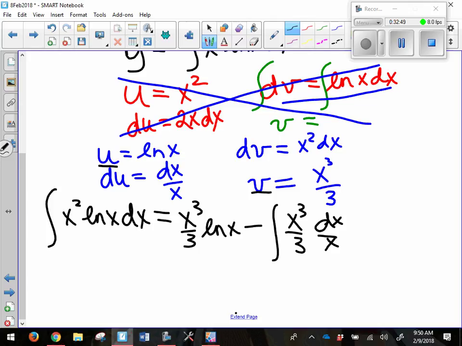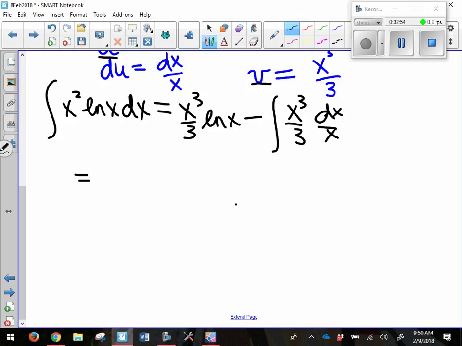Oh, definitely. I'm just going to cross out the x's anyway. So I've got x cubed over 3 natural log of x. I can definitely pull out the 1/3. I can definitely cancel and make it x squared dx. And what was the whole point of integration by parts? Making it simpler. Rebecca, what don't you like? What have I messed up here?